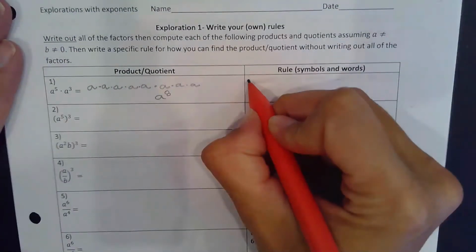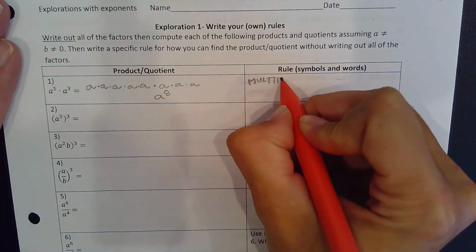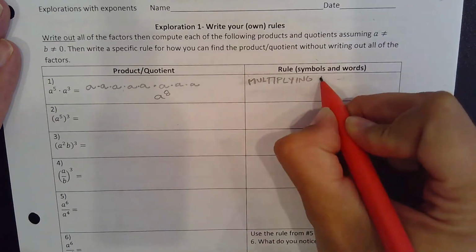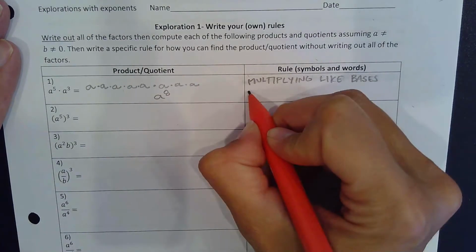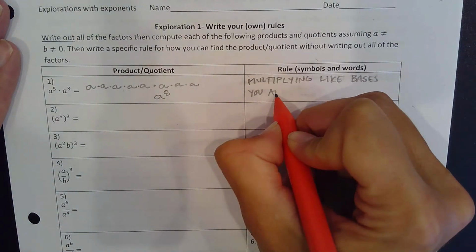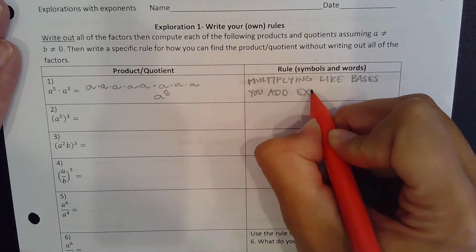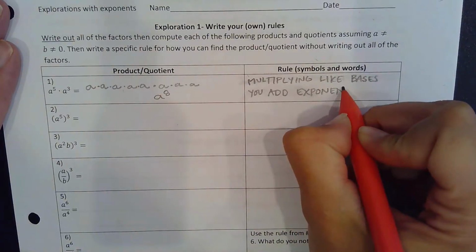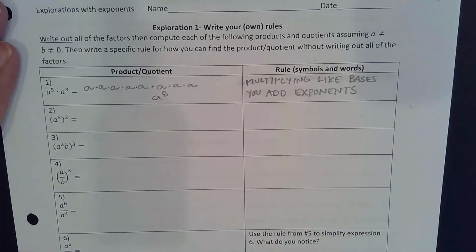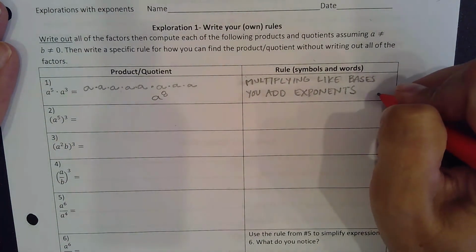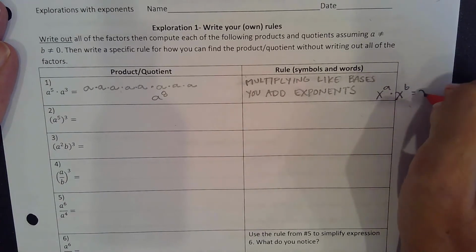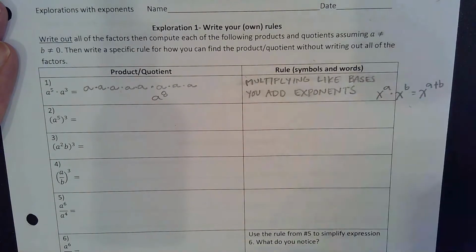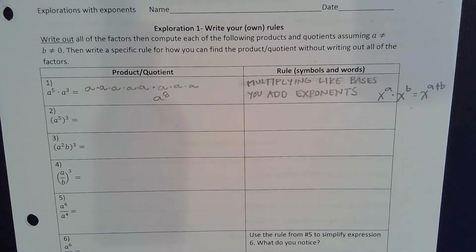So when multiplying like bases, you add the exponents. So that would mean that if you had x to the a times x to the b, you could just say x to the a plus b, like that. Okay?